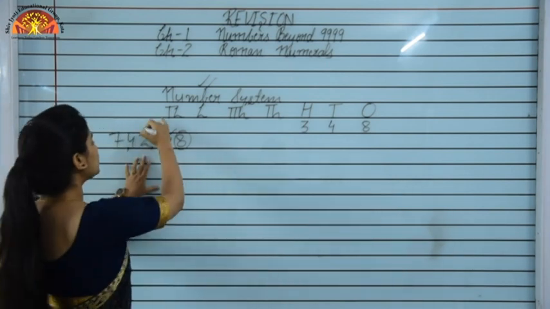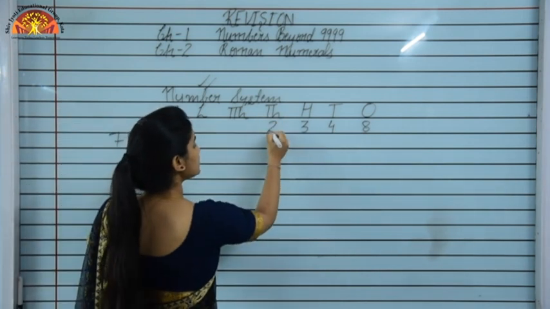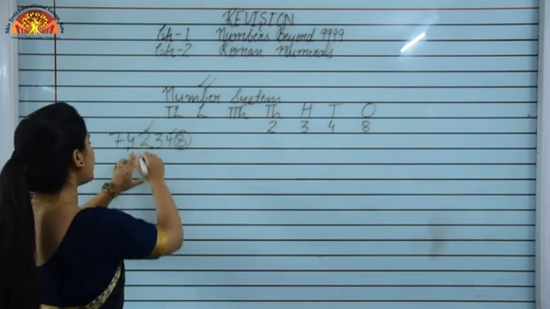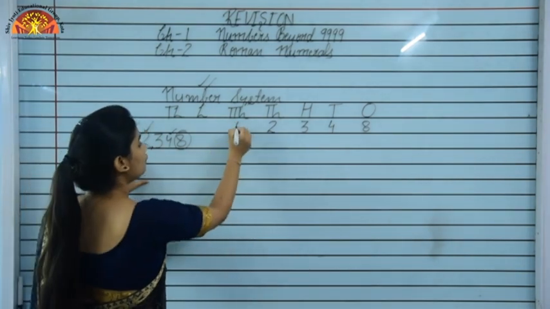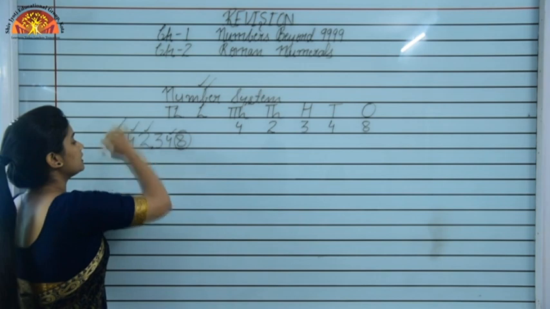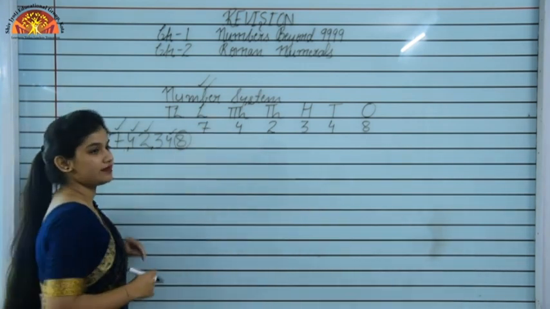Understood students? Then the next digit will come at thousands place, that is 2, and the next digit will come at 10,000s place, that is 4, and then this digit will come at lakhs place, that is 7.